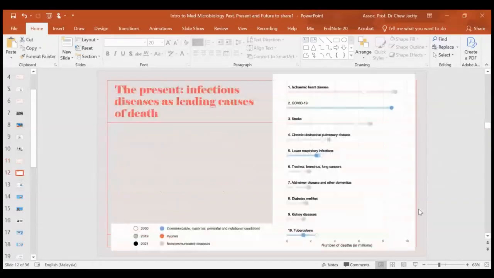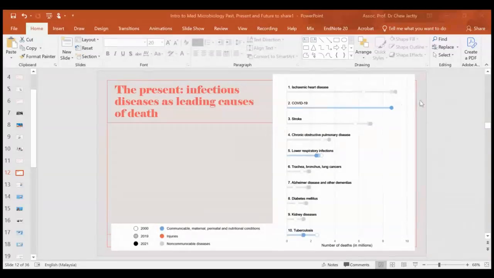So looking at the present day, one of the latest information published by WHO on the top causes of death, leading death today. This is based on the numbers from 2019 to 2024. Over here, you will see different patterns.